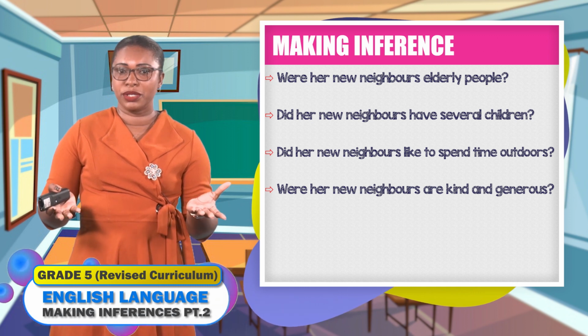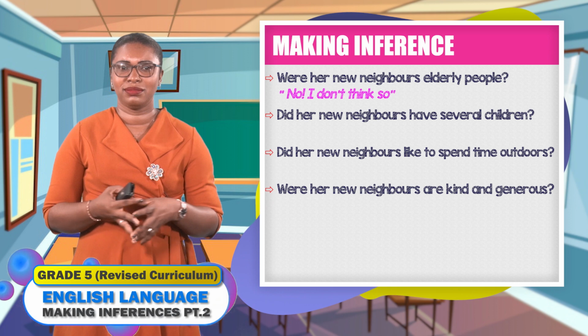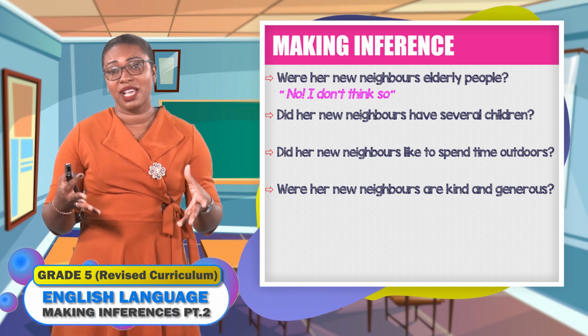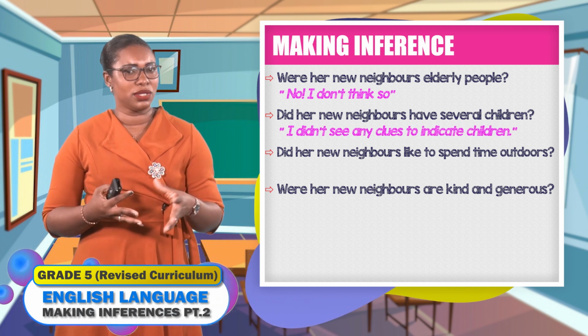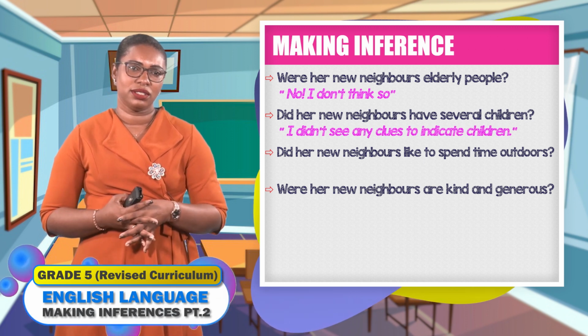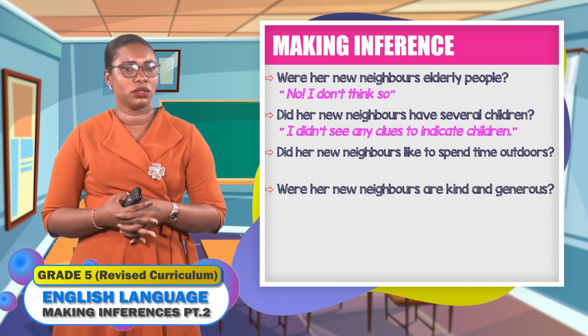Were her new neighbors elderly people? I don't think so. Did her new neighbors have several children? I didn't see any clues to indicate children. Did her new neighbors like to spend time outdoors?